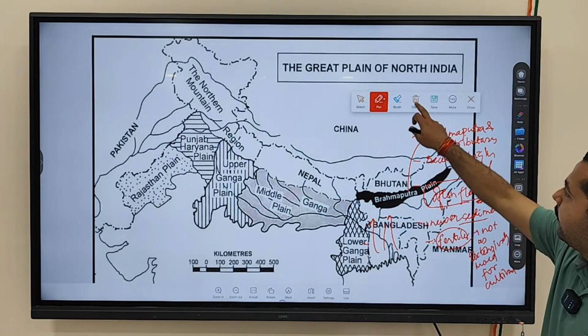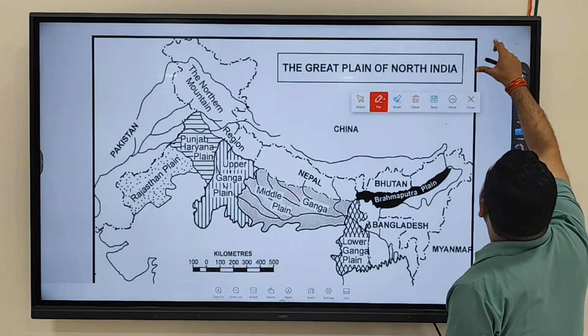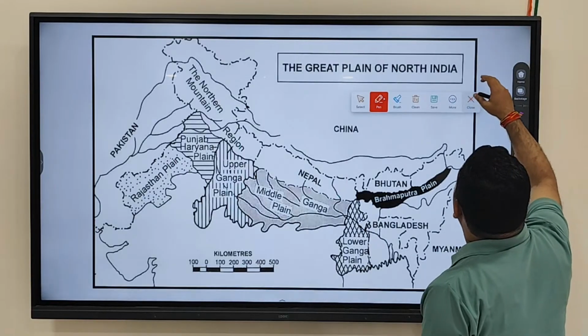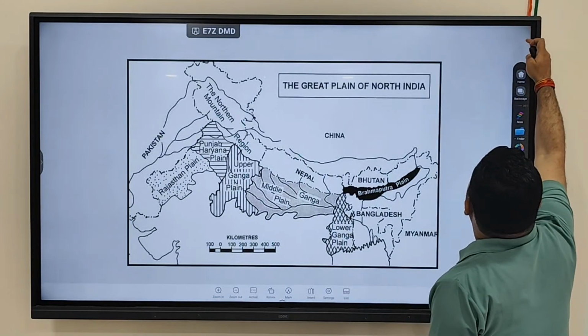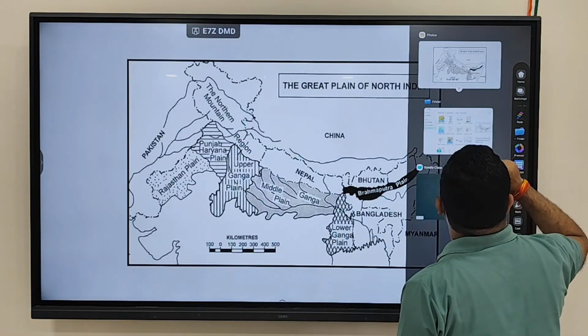Fine. So the third physiography that you are finding is with regard to the Peninsular Plateau.